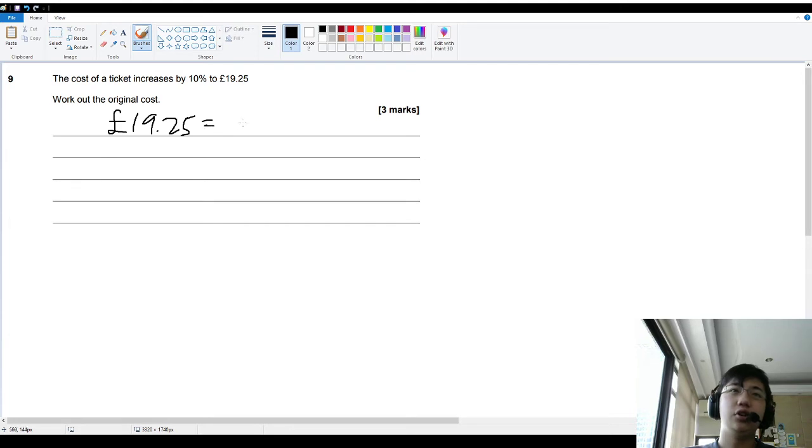£19.25 is equal to 110% instead of 100%. So 100% would be the original cost, and an increase by 10% would be 110%.